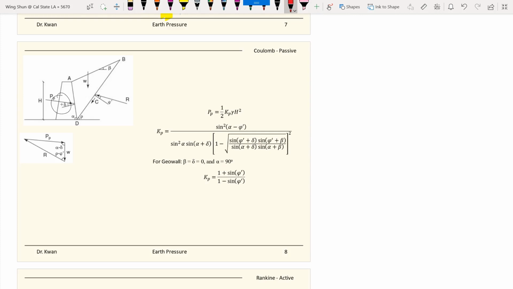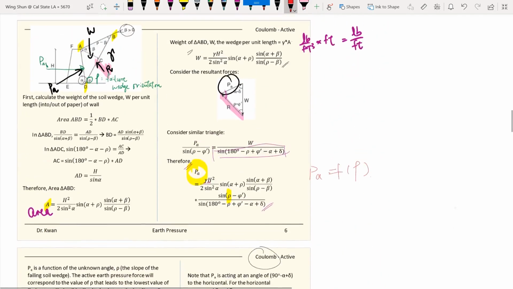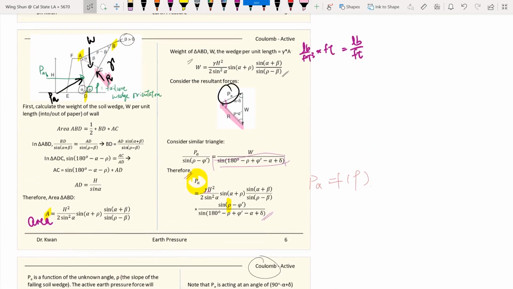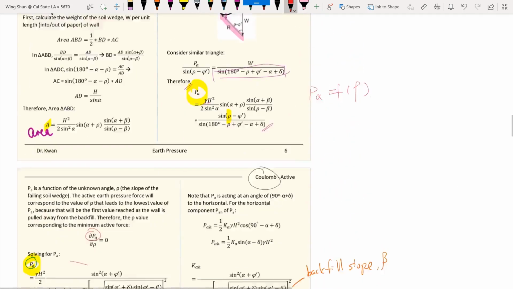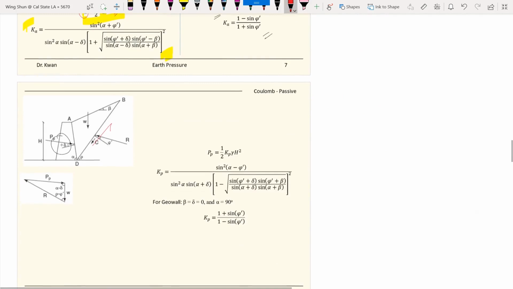So you can expect that the wedge slides this way, versus the other case when the wall is moving away, where the soil wedge slides downward. That's why the orientations of the reaction force from the soil and from the retaining wall are in opposite directions.